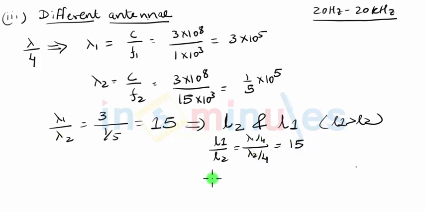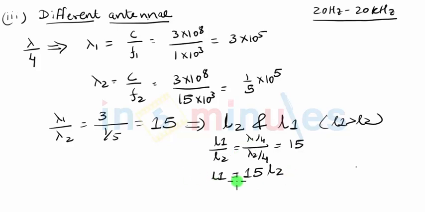That means the length of the antenna which will transmit F1 should be 15 times greater than the length of the antenna that will transmit F2. Let me tell you that this ratio we have obtained for frequencies 1 kHz and 15 kHz. If you increase the gap between the two frequencies, then the ratio between the lengths of the antennas will also increase.